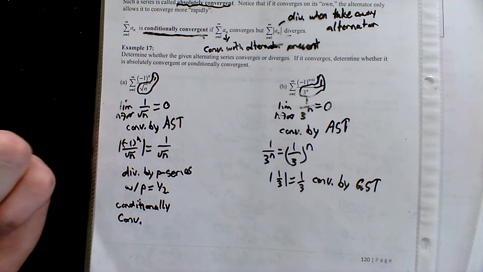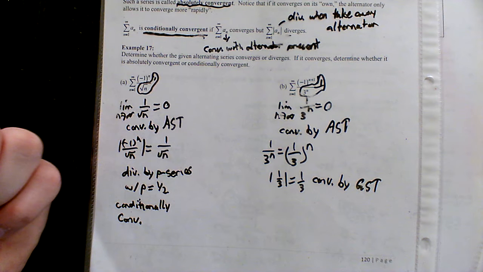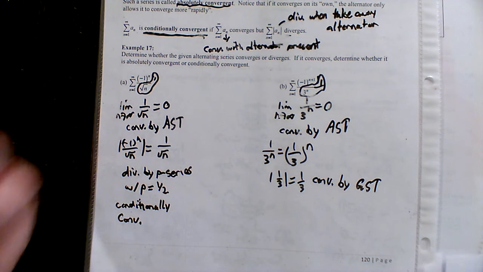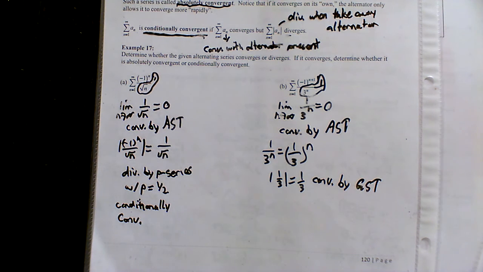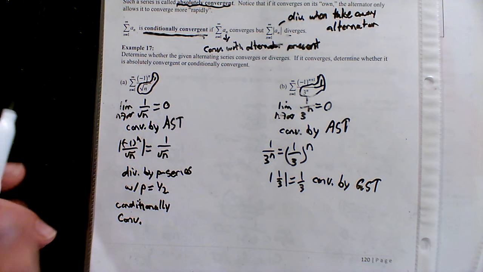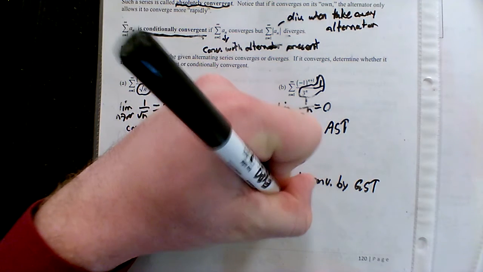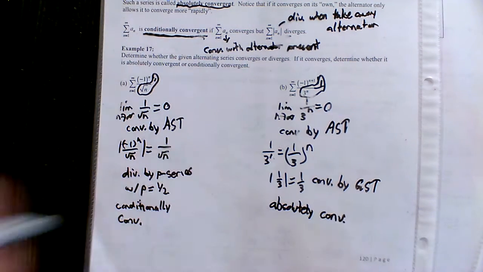Now, it didn't ask us what it converged to. Could we find it, though? Yeah, we could. It would be the first term over 1 minus r. But all they're asking for is conditionally convergent or absolutely convergent, so the answer is what? Absolutely. Yes. Exactly.